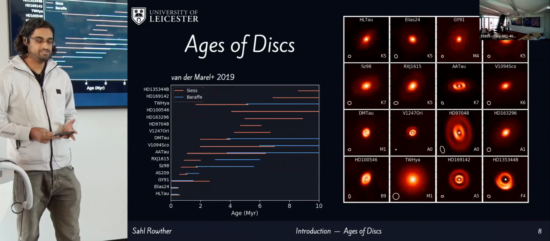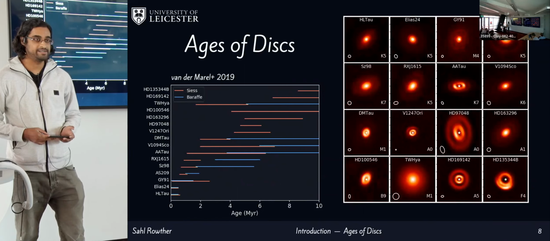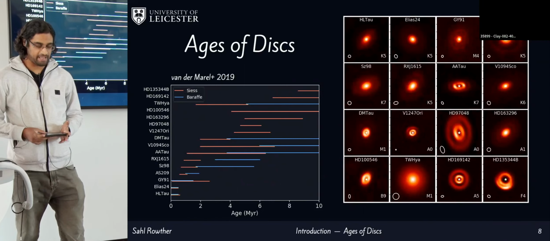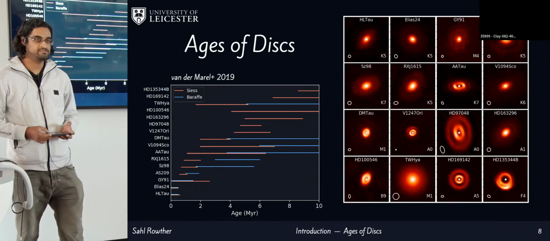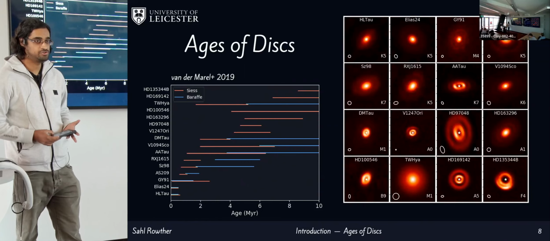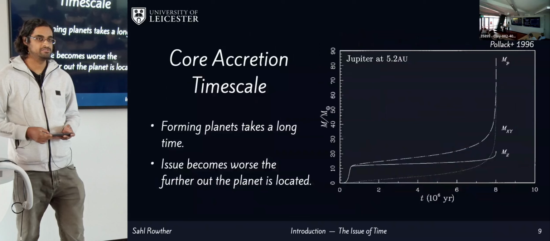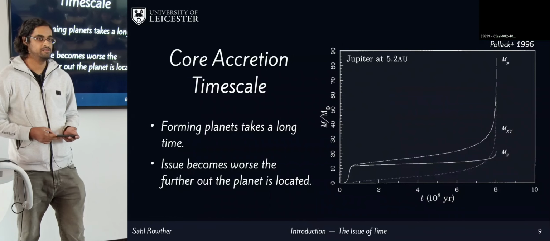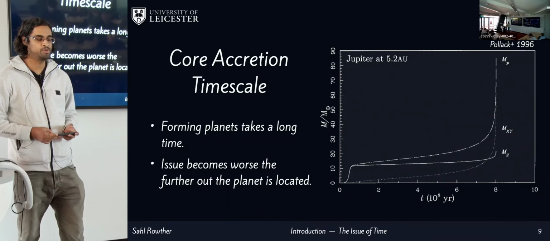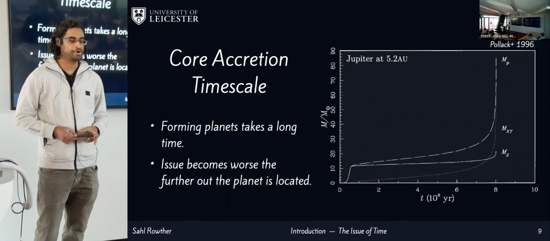When we look at the ages of these disks, which are a little uncertain, we see that many of the disks which have rings and gaps are quite young. Even disks younger than 1 million years old still show ring and gap structure. This, in combination with the masses and locations of the planets, can pose a problem for traditional planet formation models like core accretion.